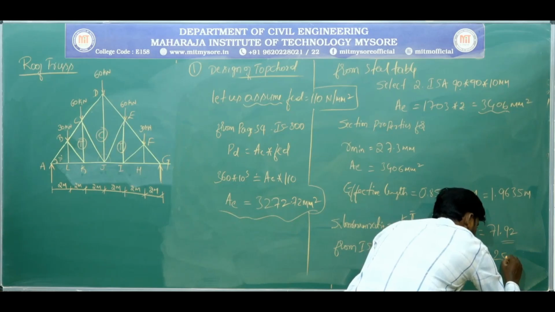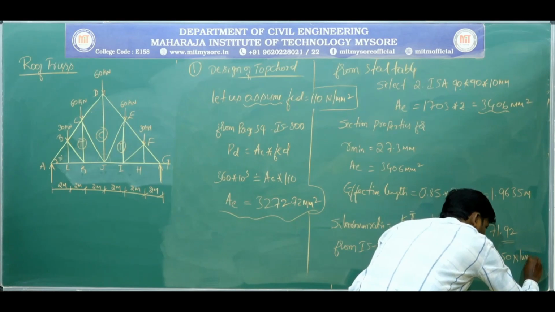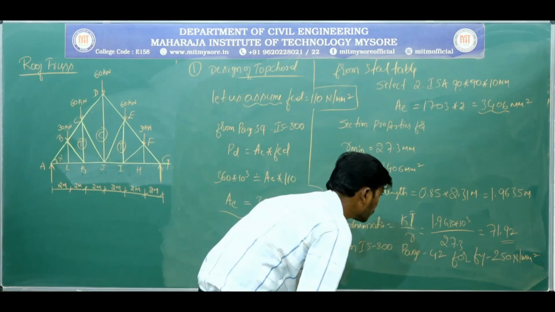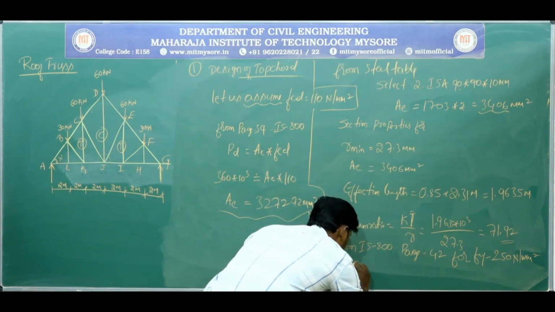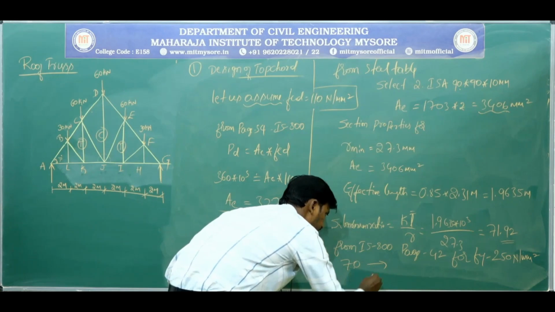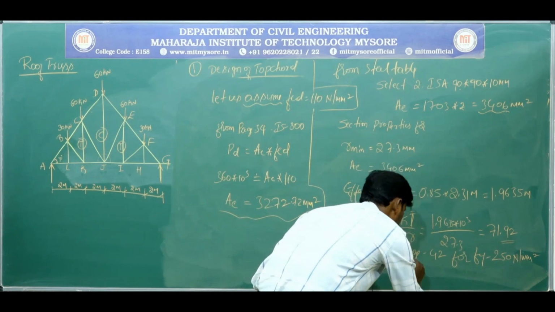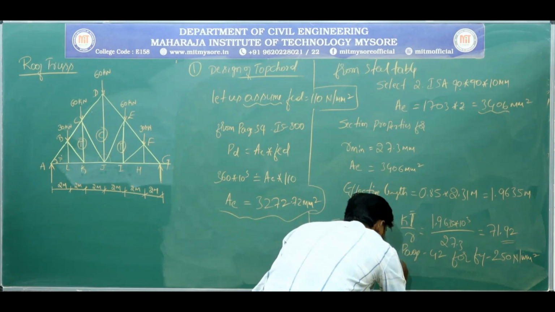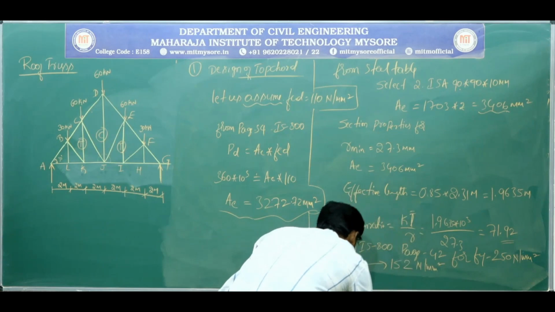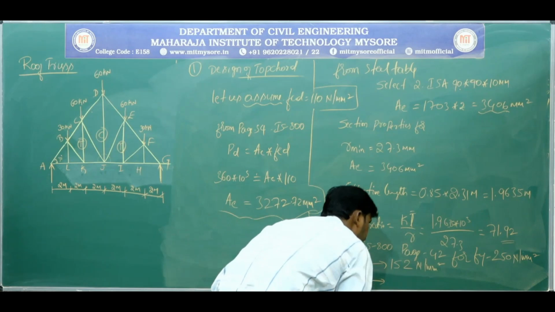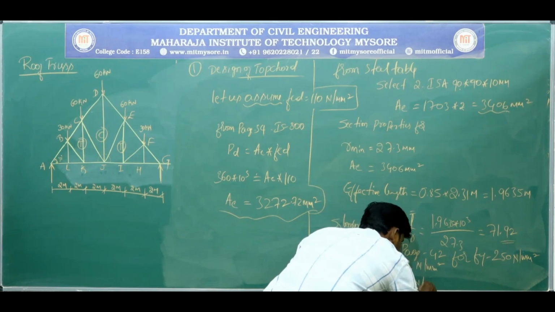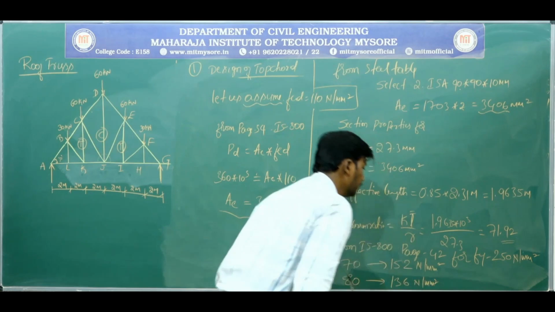For FY 250 Newton per mm square, for KL by R 70, the FCD value is 152 Newton per mm square, and for 80 it is 136 Newton per mm square.